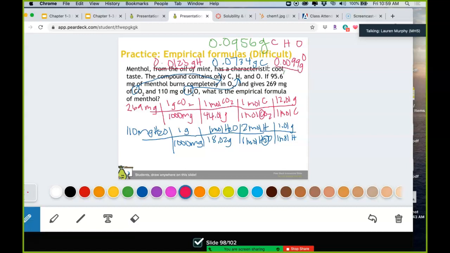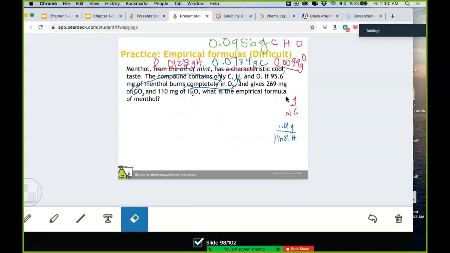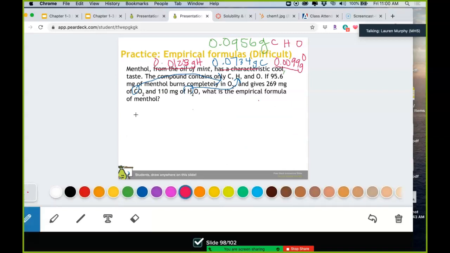The rest of it shouldn't be too bad because now that we're in grams, sorry, that's a 3. Now that we're in grams, we can turn grams to moles, divide by the least number of moles. I'm going to erase this real quick. Here we go. So let's do carbon first and then hydrogen and then oxygen. 0.0734 grams of carbon.